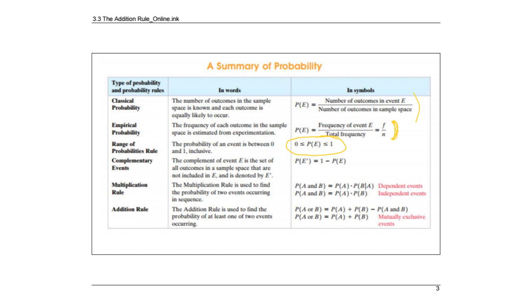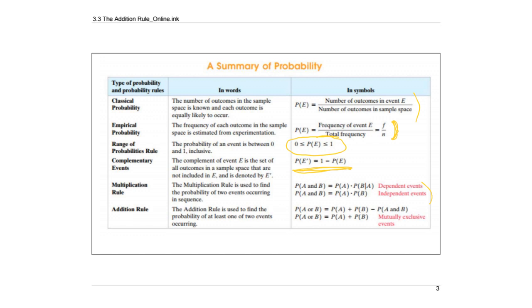Then we did complements, right? So the probability of E prime or E not, or the complement of E, is equal to 1 minus the probability of the event E. Then we looked at the multiplication rule. If you see the word and in probability, you're going to multiply.